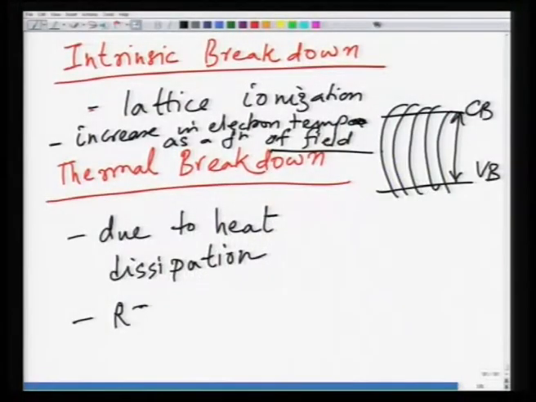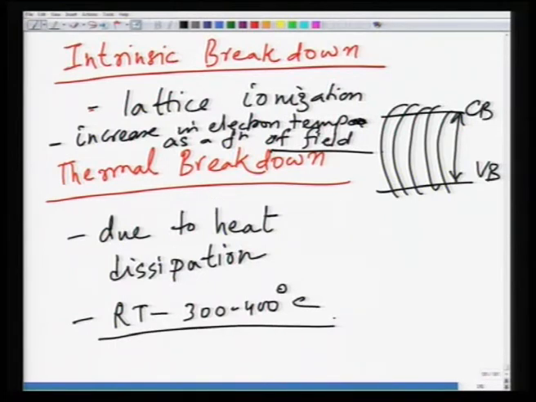As a result, the material has a resistance, or some conduction, and this long range conduction leads to heat dissipation, and this is a very common process in bulk materials. It is observed at temperatures between room temperature and 300 to 400 degrees centigrade, and typically here the rate at which you apply the field is a very important factor.